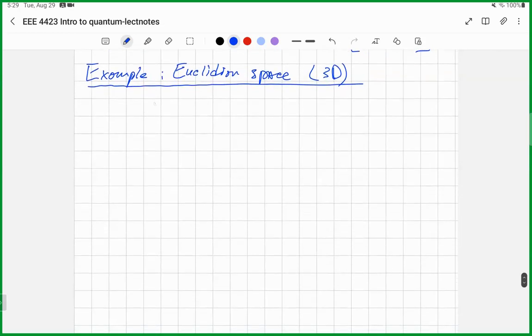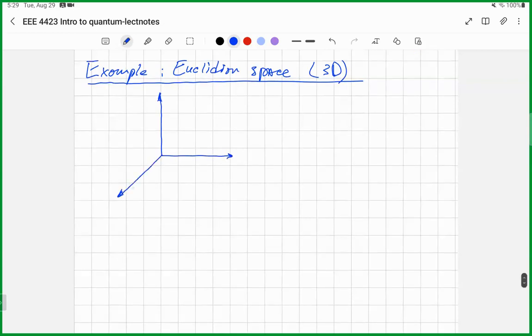We describe this by introducing a coordinate system x, y, and z. So we often introduce these unit vectors, which are basis vectors. We denote them i, j, and k.